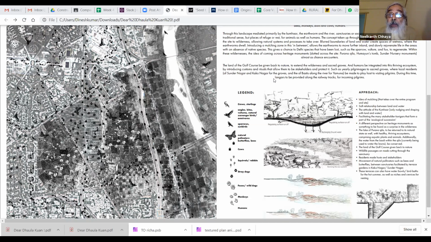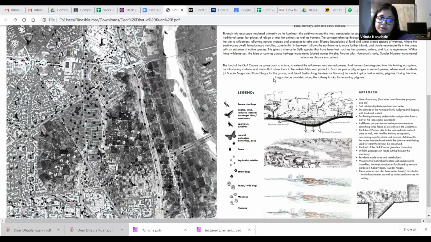Now, those people who come from Northeast, come from Karnataka, come from Himachal Pradesh to worship at these groves, where will they stay? You said they will be hosted. Where are those hosts?